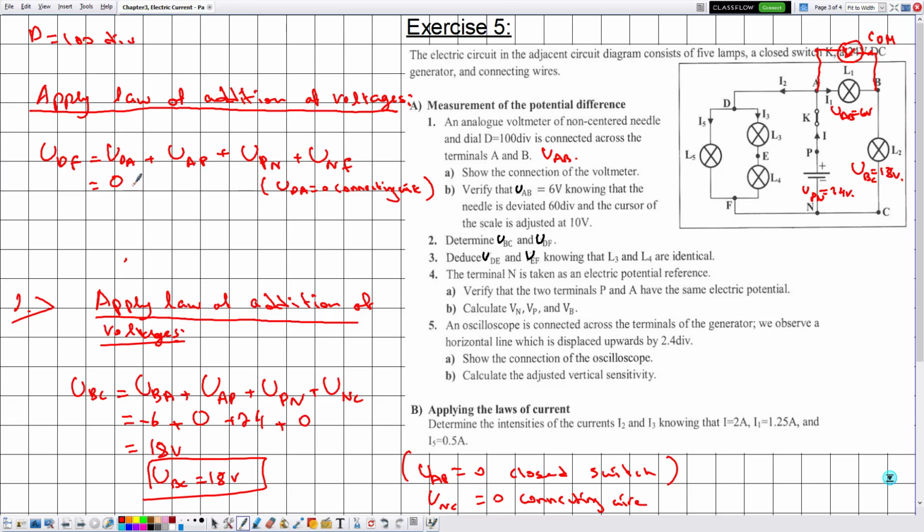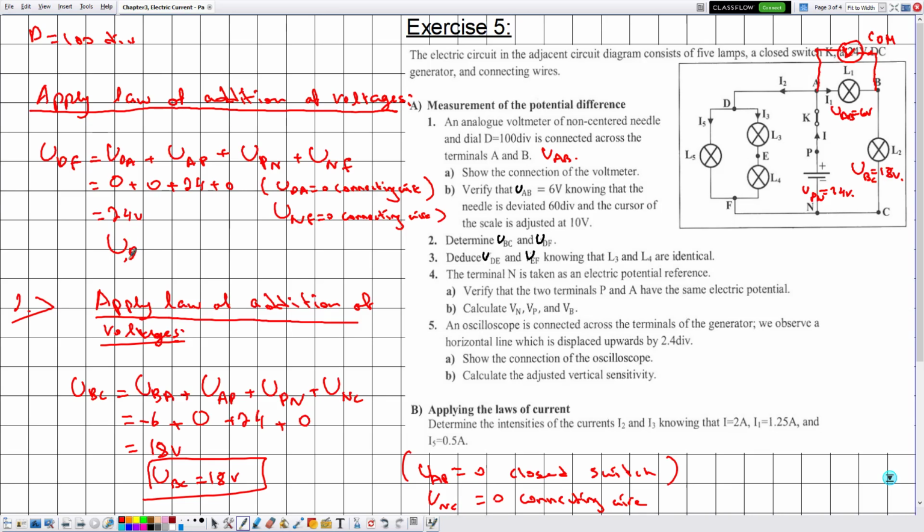Now UAP is given by 0, justified previously. UPN is 24 and UNF is 0, and the reason is given by a connecting wire. So this is equal to 24 volts.